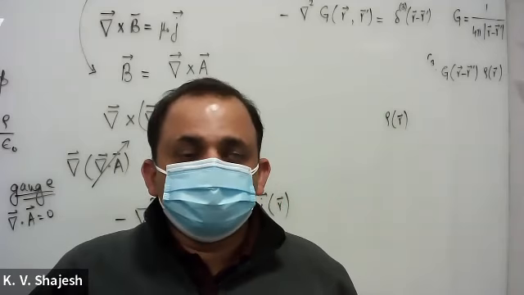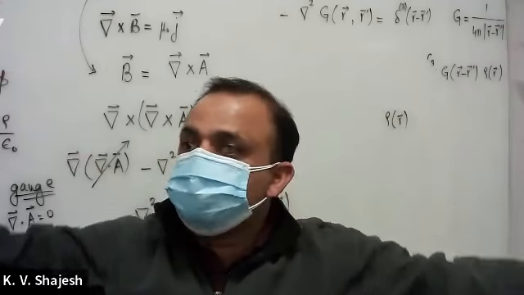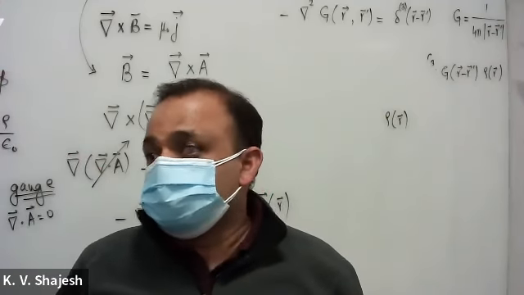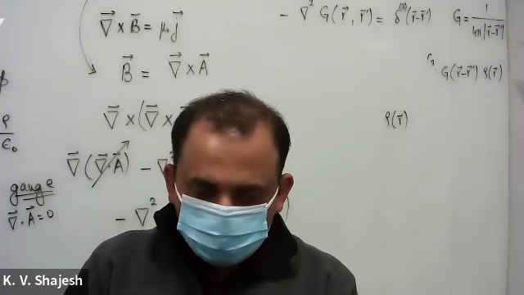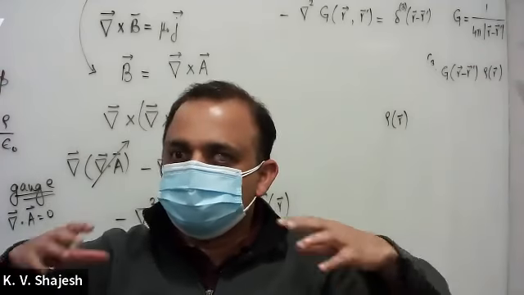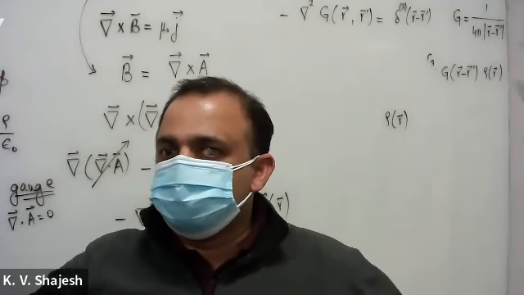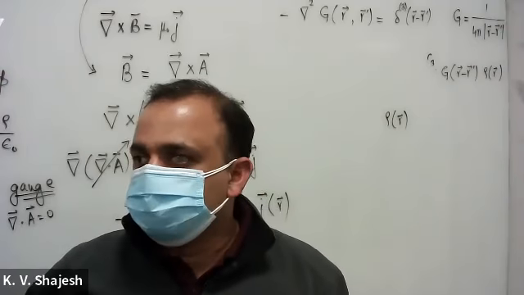One of the approximations we will make is that we are interested in the solutions at infinity, which is what radiation is. So there is a source here, but I won't be interested in close by. I'll go very far. Then the solution can be solved. But the complete solution is hard in this case.